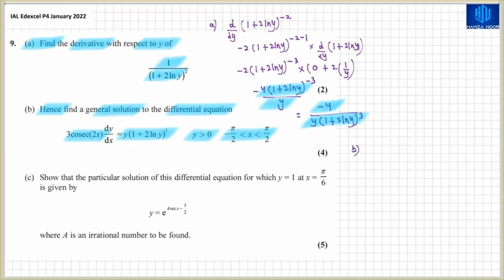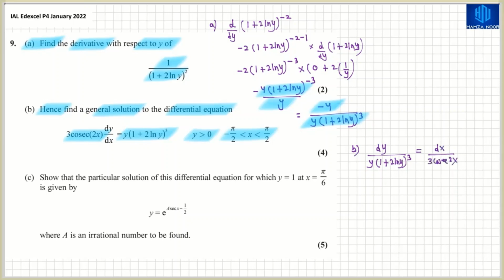I'm going to rewrite the expression so that the expression related to the variable y will be with dy, and the expression related to the variable x will be with dx. So I can rewrite it as dy divided by y times (1 plus 2 ln y) whole thing raised to the power 3, equals dx divided by 3 cosec 2x.